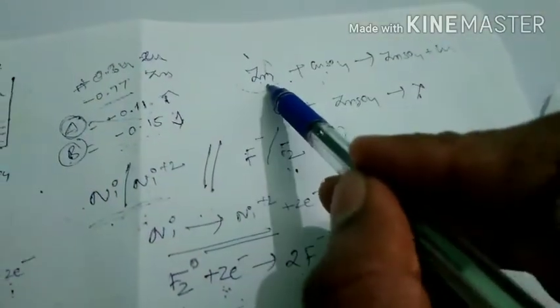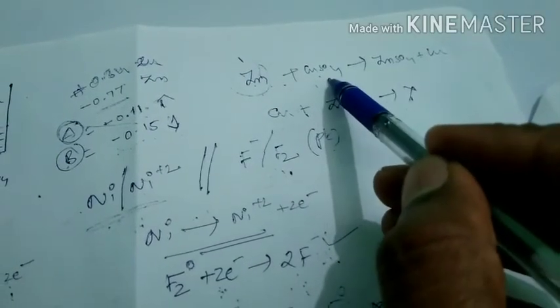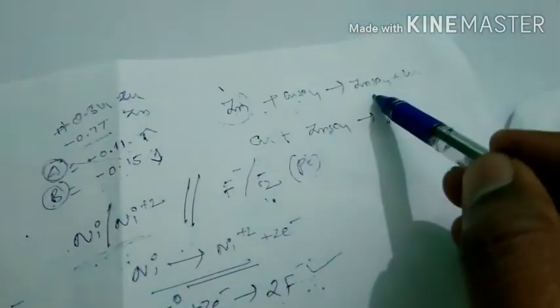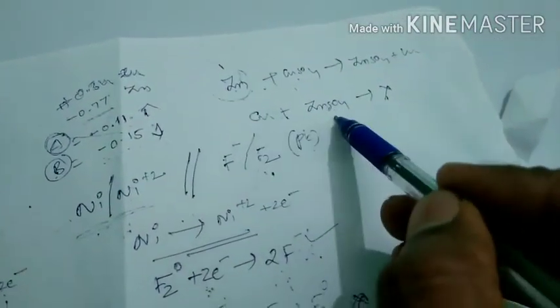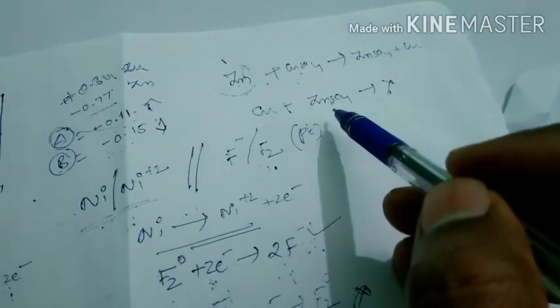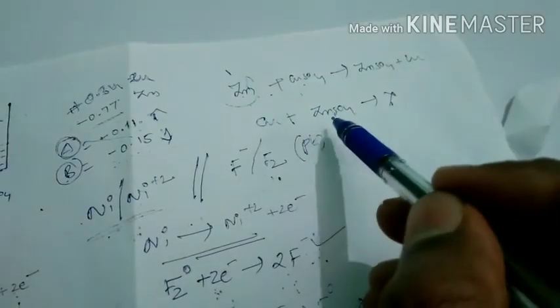So the important point is that a zinc rod cannot be stored in copper sulfate, because when a zinc rod is placed in copper sulfate, the zinc rod loses its nature. That means the zinc rod becomes ZnSO4. But we can store a copper rod in ZnSO4 because there is no reaction between copper and ZnSO4.